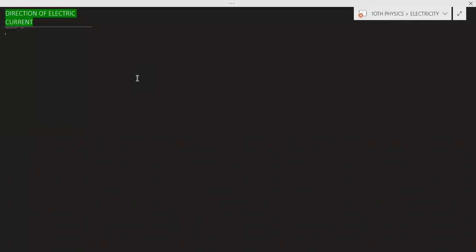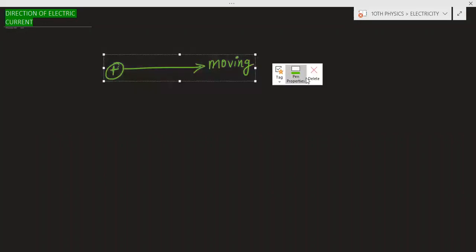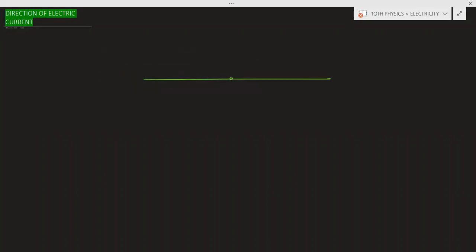If there is a positive charge moving in this direction in a wire, then you will say the direction of the current in this wire is in this direction. So this is the conventional direction of the current.